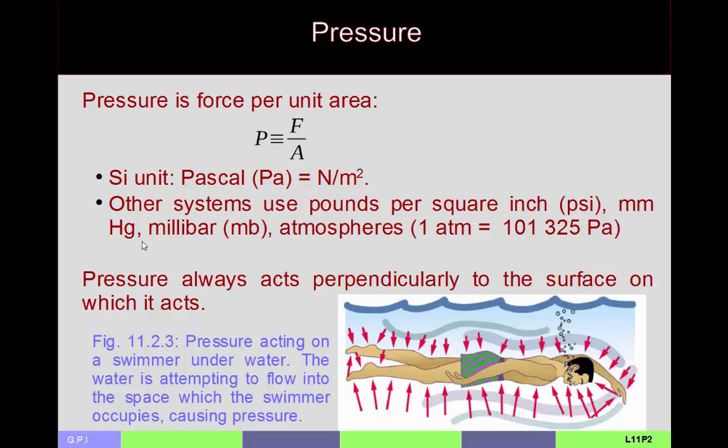Historically, millimeters of mercury were used. Atmospheres is a useful way of measuring pressure because that is the standard pressure of the air around us at standard temperature at sea level. There's also the millibar, there's also the torr, and a number of others.